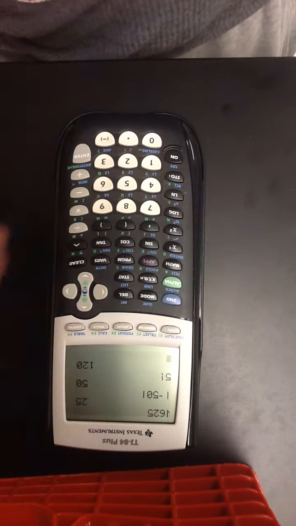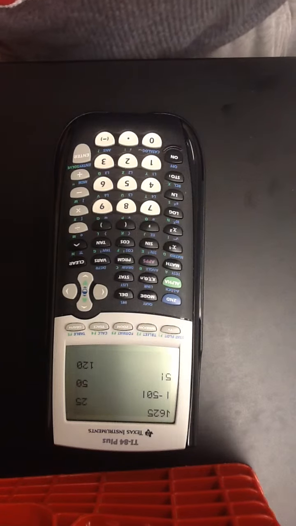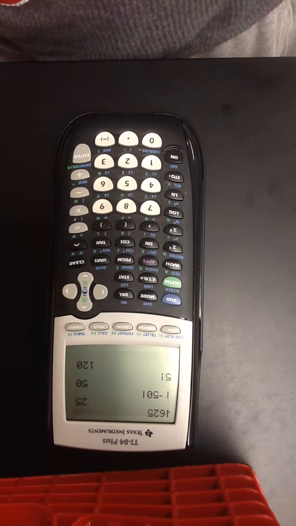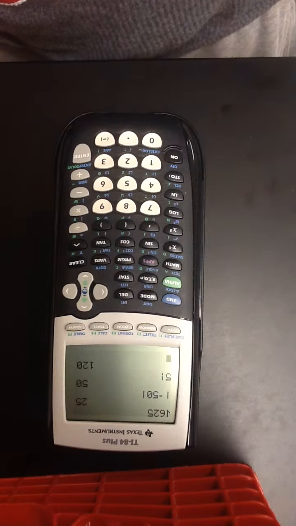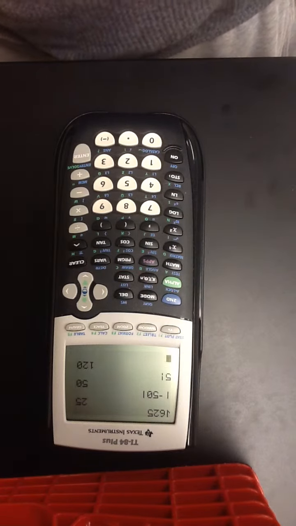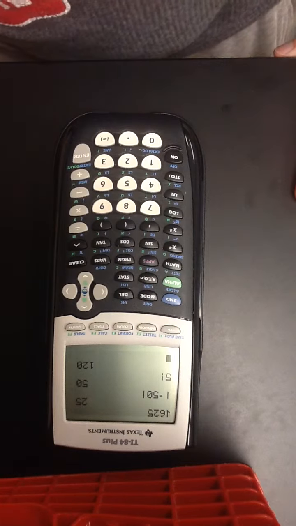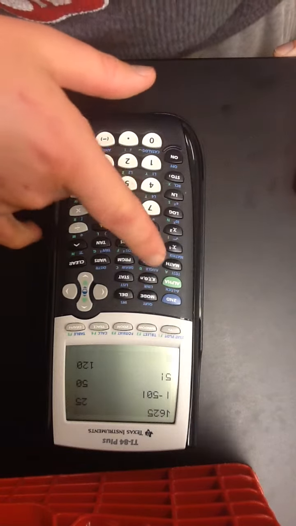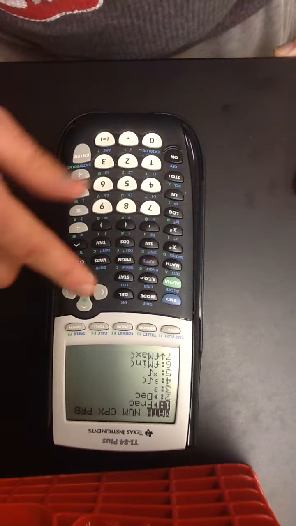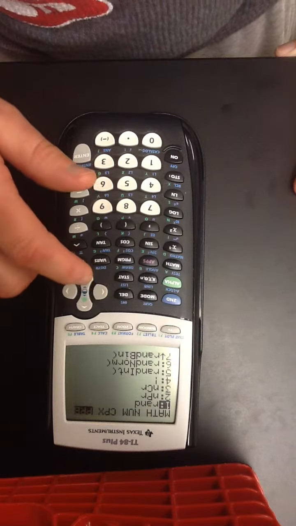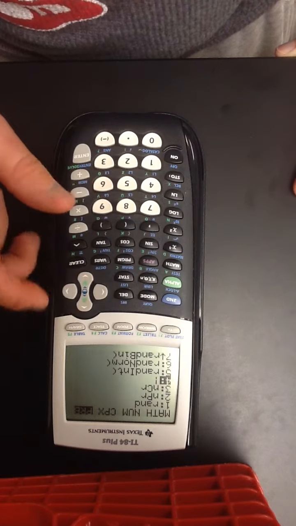Well, when we do that, boom, 120 is 5 factorial. 5 times 4 is 20, times 3 is 60, times 2, 120, times 1, it's still 120. Real basic stuff, but if you don't know how to find it on here, it doesn't do you any good that the calculator will do it for you.